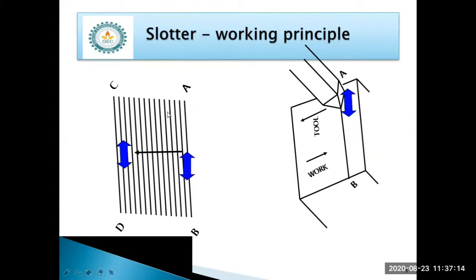The tool line eventually reaches position CD. The combination of the two movements results in the flat surface ABCD being machined, and the work is supported on a rotary table, and the table can have longitudinal and rotary movements. Straight and rotary cuts can be produced.